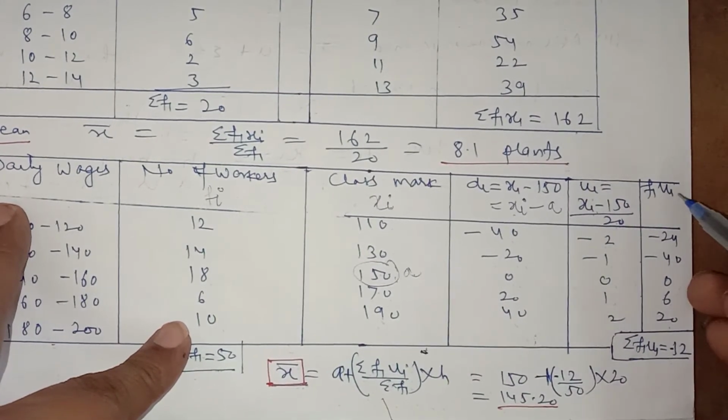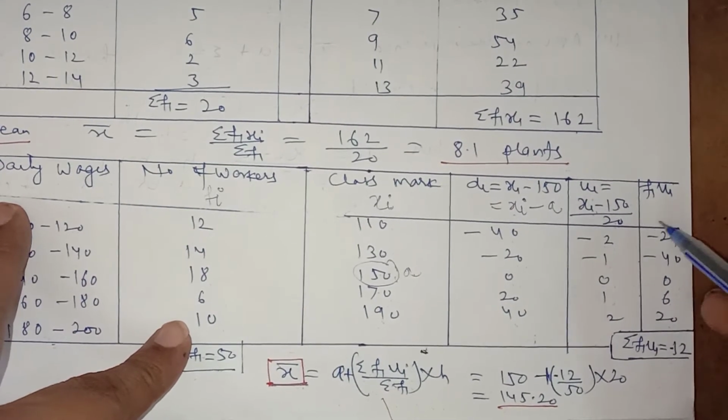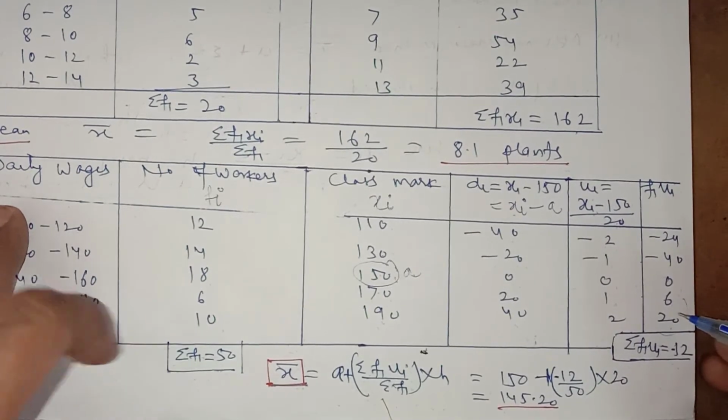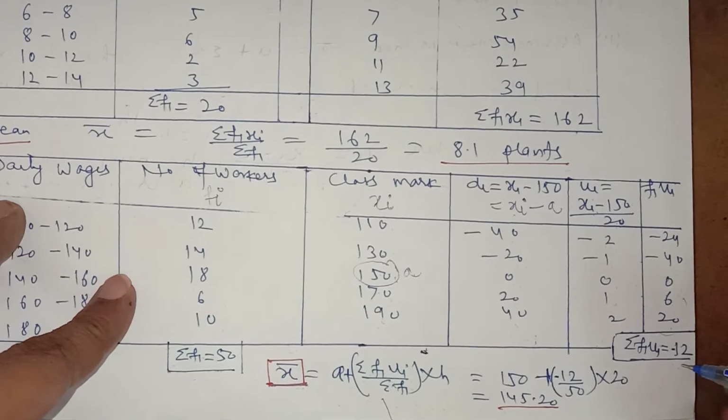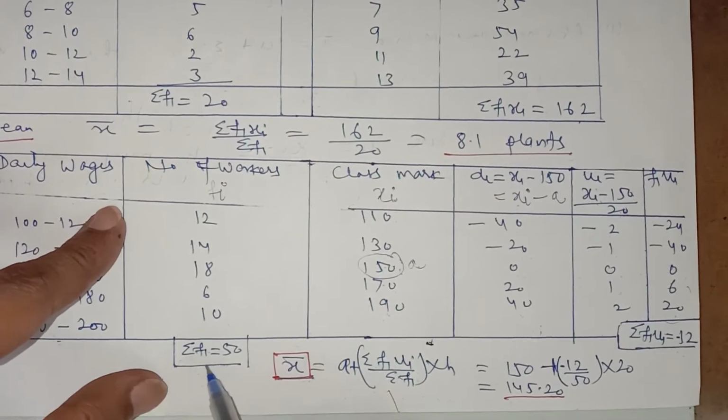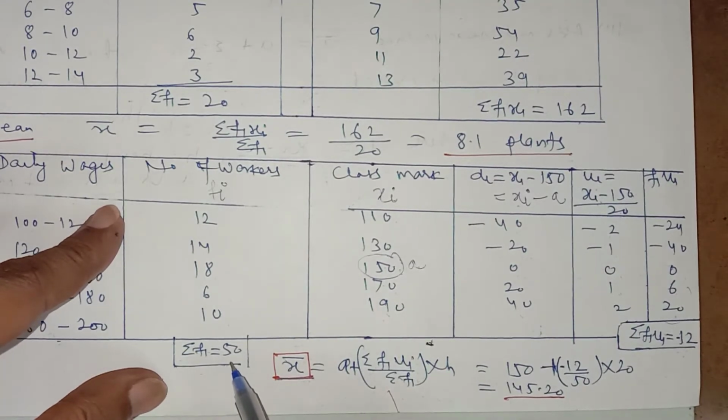This is the column for the product fi ui. Added, it is minus 36 plus 26, which is equal to minus 10, and the summation of fi is equal to 50.